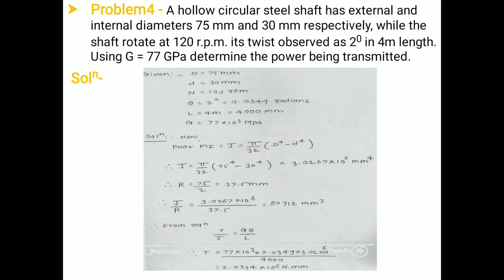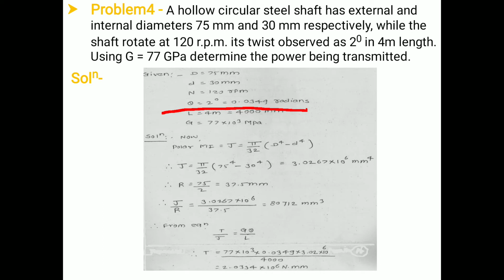So in this manner we have found the value of torque T from the given data. Remember that theta is given in 2 degrees, so we have to convert it into radian by multiplying theta by pi by 180. If you multiply theta by pi by 180, it will convert it into radian.